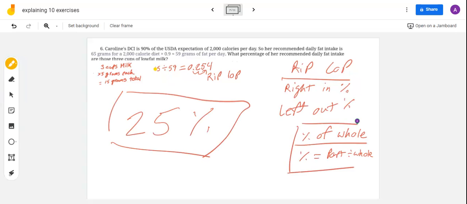So here, this 15 would be your part, and the 59 would be your whole. There you go. So your part is 15 and your whole would be 59. So obviously you want to divide the two together to get your percent.